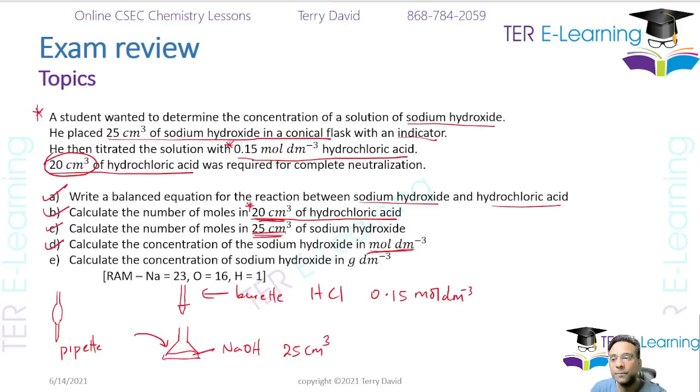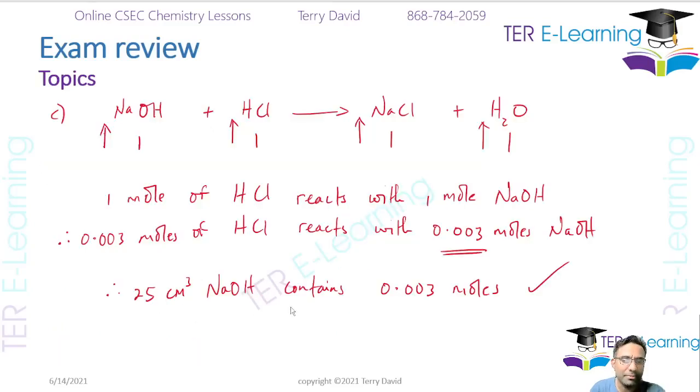Now here's what you do know. You know that 25 cm³ of NaOH contains 0.003 moles.